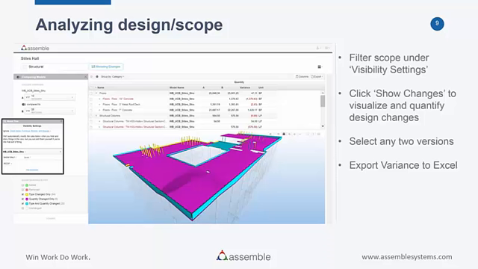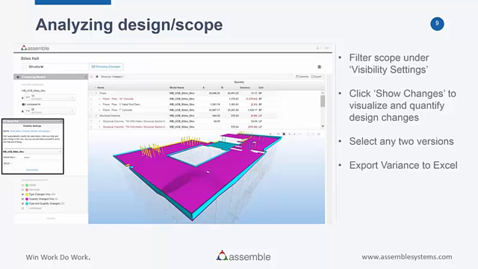So in this view, you can see our typical process when the new design is posted. We take those models, export them from Revit to Assemble, and host it on Assemble. Assemble allows us to do a multi-layer analysis. Number one, we can isolate certain scopes.